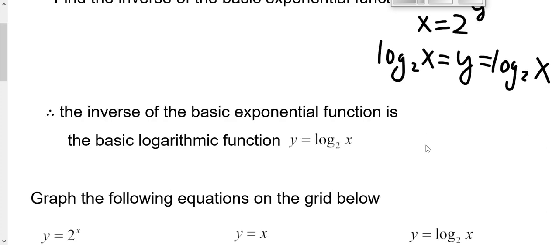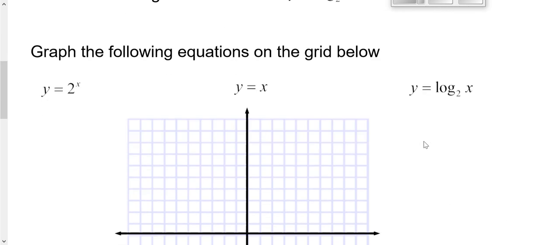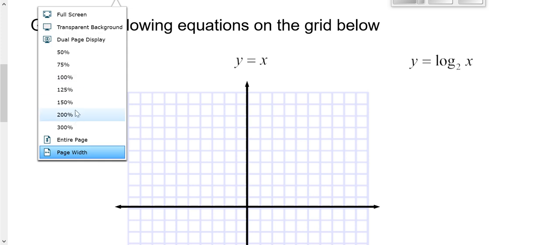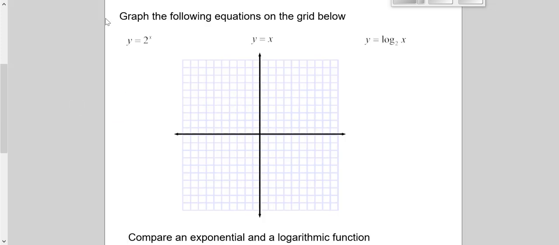Okay, so let's do something, because we have not done any graphing at all. Let's do some graphing here. Take out your graphing calculator. Let's graph the first one first.